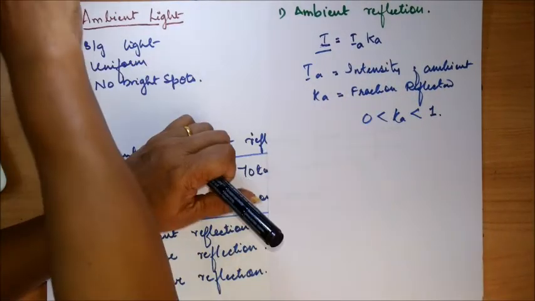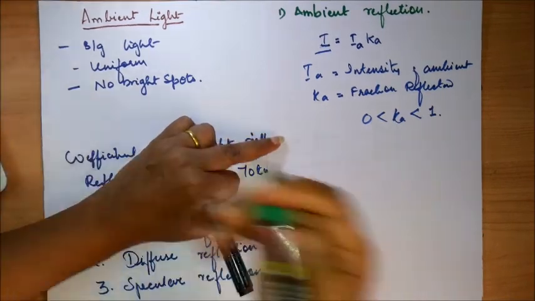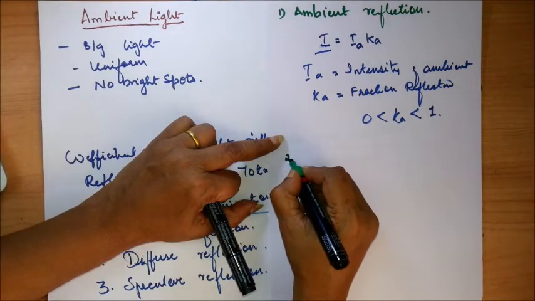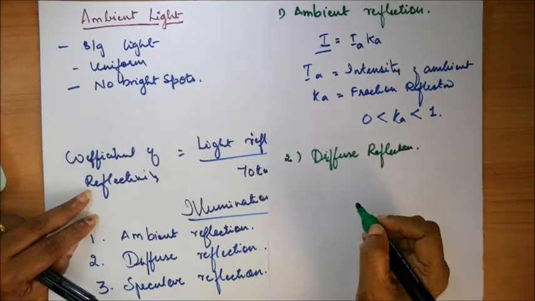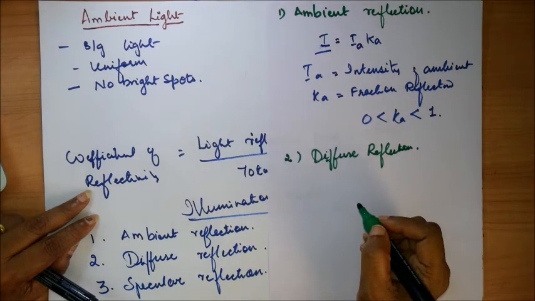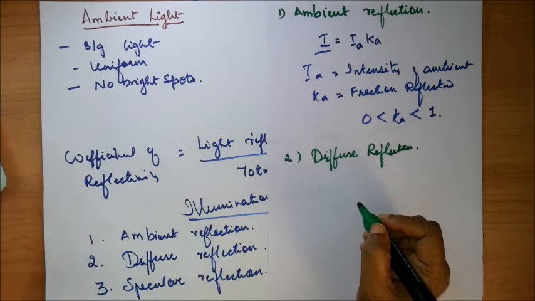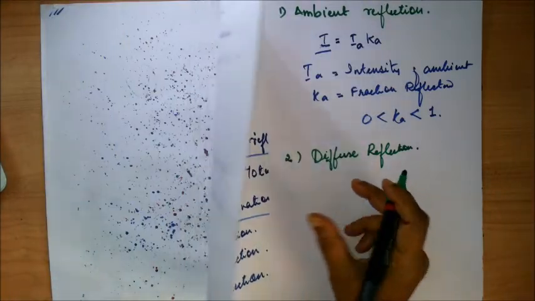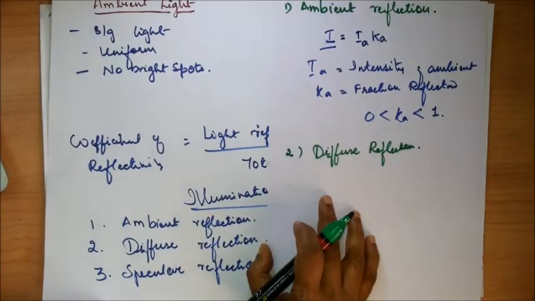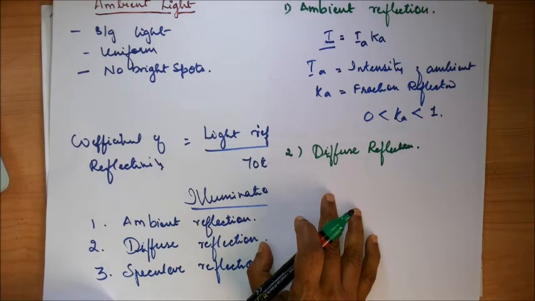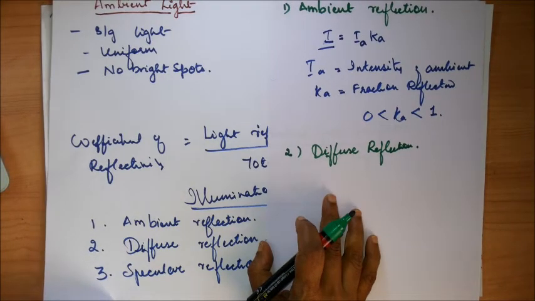The second is diffuse reflection, which is also called Lambertian reflection. This diffuse reflection is typical of dull matte surfaces, and it is independent of the viewer's position, but it does depend on the light source position. To understand how diffuse reflection is calculated, we need to understand what is Lambertian law.